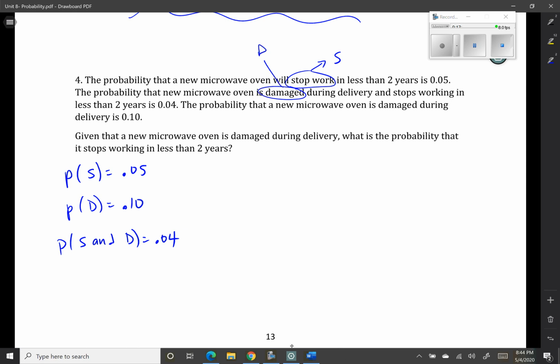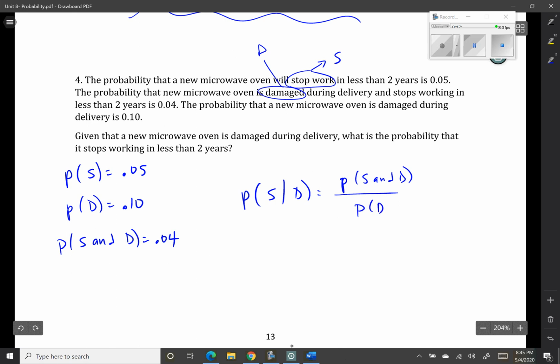It says, given that the new microwave was damaged during delivery, what is the probability it stops working in less than 2 years? So the probability that it stops working given that it is damaged, so we would say the probability of S and D divided by just the probability of D. So we knew that the probability of S and D was 0.04, and the probability of just D was 0.10.